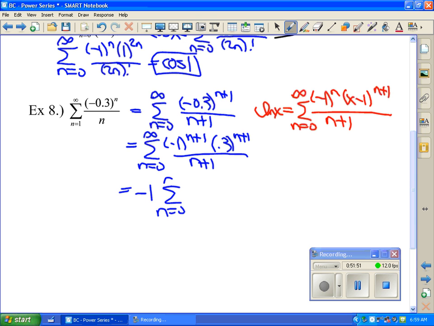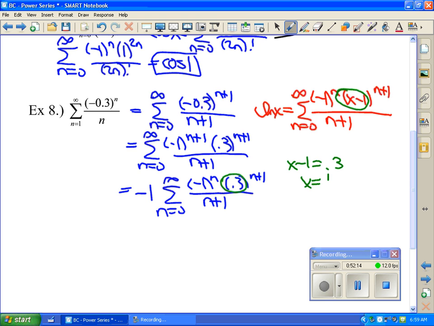N equals 0 to infinity, negative 1 to the n, 0.3 to the n plus 1, all over n plus 1. Notice that looks almost like ln of x, so now I just have to match up the pieces. I have my negative 1 to the n, I have my n plus 1, so that means 0.3 and x minus 1 have to match up with each other. So if x minus 1 equals 0.3, x equals 1.3. So what I'm looking at here is negative the natural log of 1.3.